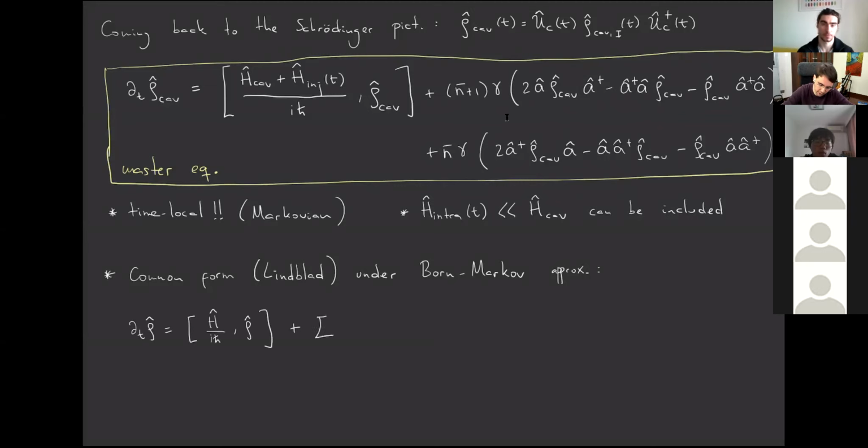And then it will have terms with some rates, kappa j, and all of them will have this form. So this is not an accident, okay? All of them will have this form in which you have 2 times j rho j dagger, minus j dagger j rho, minus rho j dagger j.